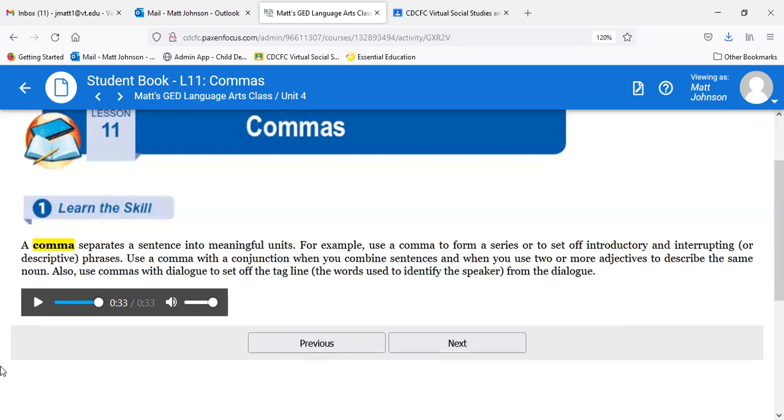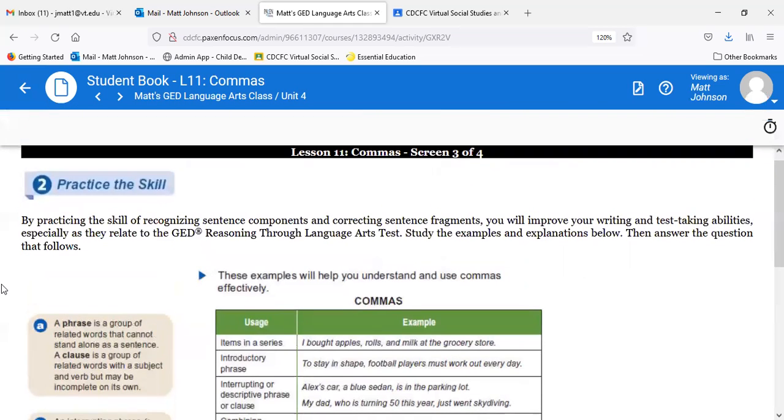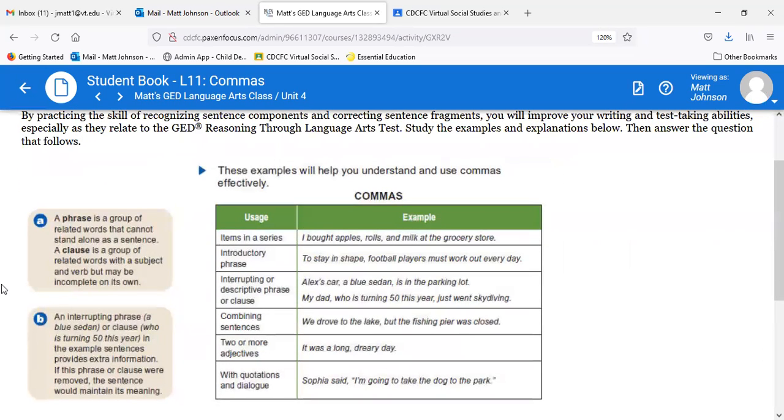A lot of those were subordinate clauses that didn't make a complete sentence, so that's where you'd use a comma to add that to a sentence. A compound sentence has more than one subject: Emma went to school and Lisa went to work. You have two short sentences there, which we'll see more of when we get into the next lesson. So let's take a look at our rules here for comma usage.